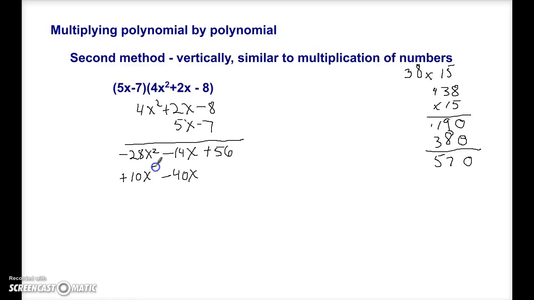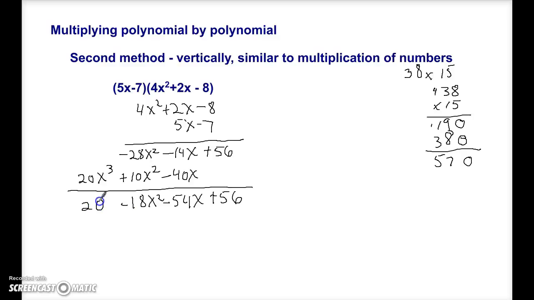Again, I'll write it underneath its like term. 5x times 4x squared is 20x cubed. Draw my line and I can add these up. And because I've put my like terms on top of each other, it's pretty easy to add them up. And so I get the exact same answer as I had in the first problem.